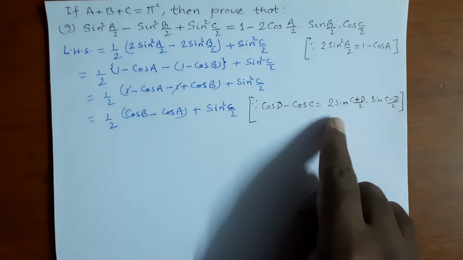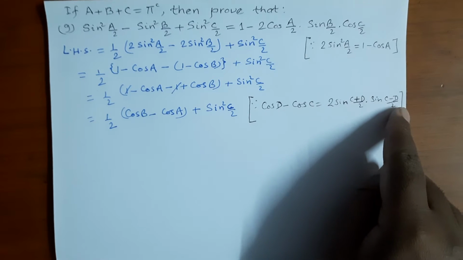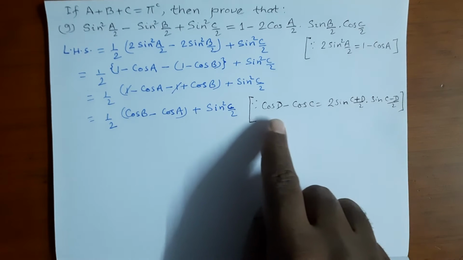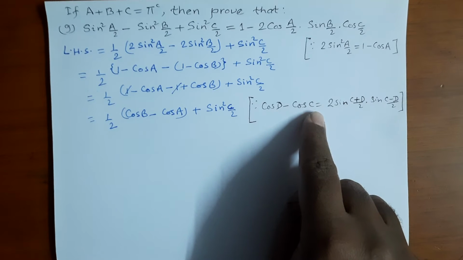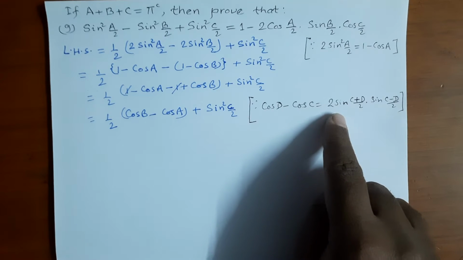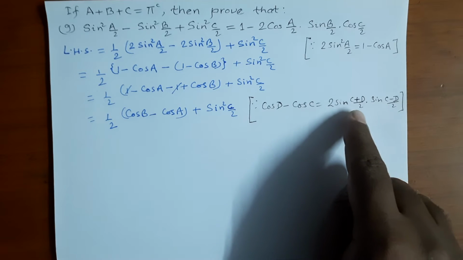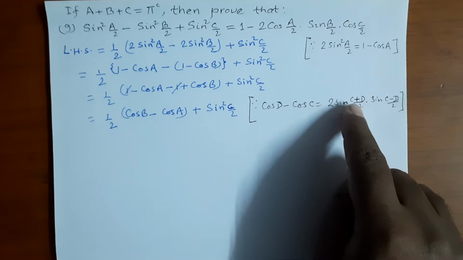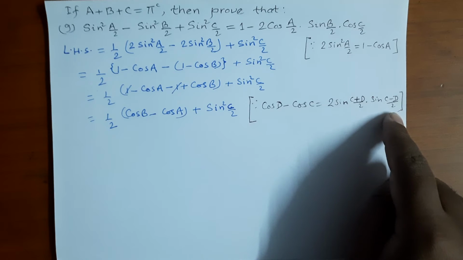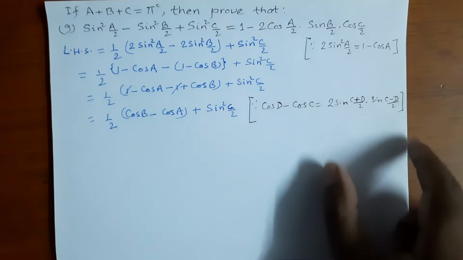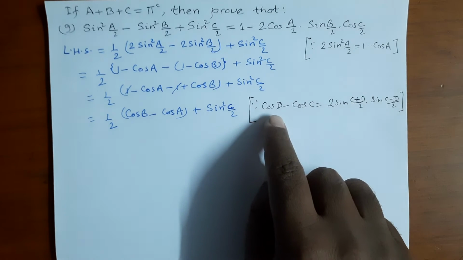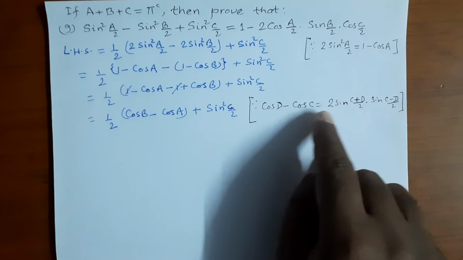The same formula, if here is written cos C minus cos D, then we can also write 2 sin of (C plus D) over 2 sin of (D minus C) over 2. But all formulas are in the pattern of (C plus D) over 2, (C minus D) over 2. So to make the same pattern on RHS, here I prefer to write cos D minus cos C, okay?